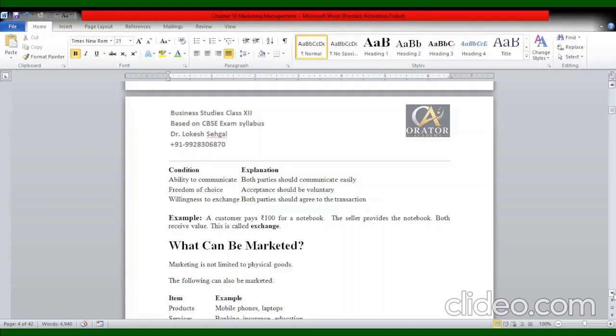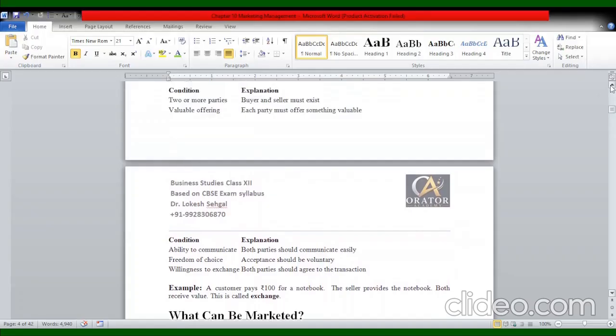So this is how the features of the market are confined to four stages: need and want, market offering, customer value, and customer satisfaction.